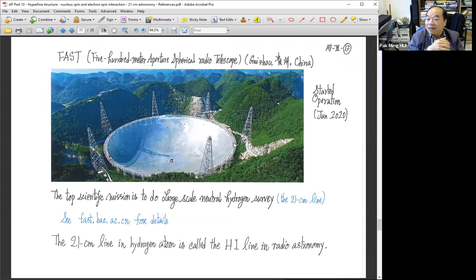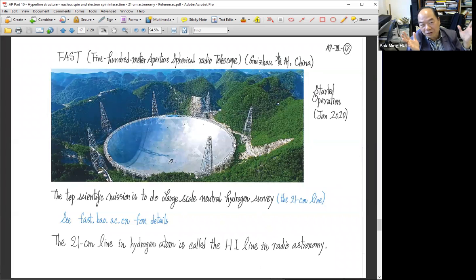And some of you might have attended a lecture last week, I think, by the chief scientist of this instrument in Guizhou. It's called FAST. It is at this point the most powerful radio telescope on Earth.